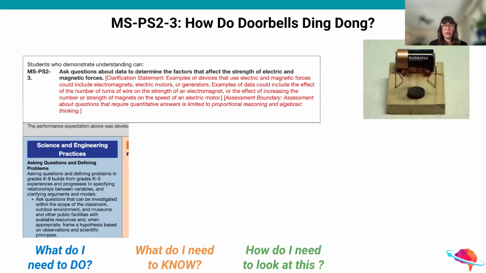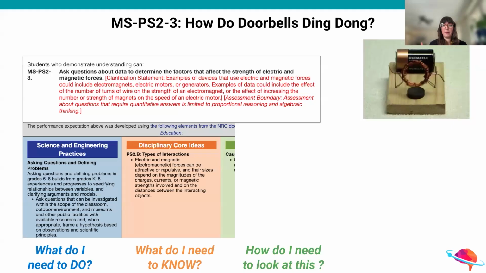First, students need to know DCI facts and ideas about objects interacting at distances by electric and magnetic fields. They have to do this SEP of asking questions, and specifically of asking questions about data. And also remember, we need a purpose. So we hope that they're asking questions about data to maybe design an investigation or do something, right?